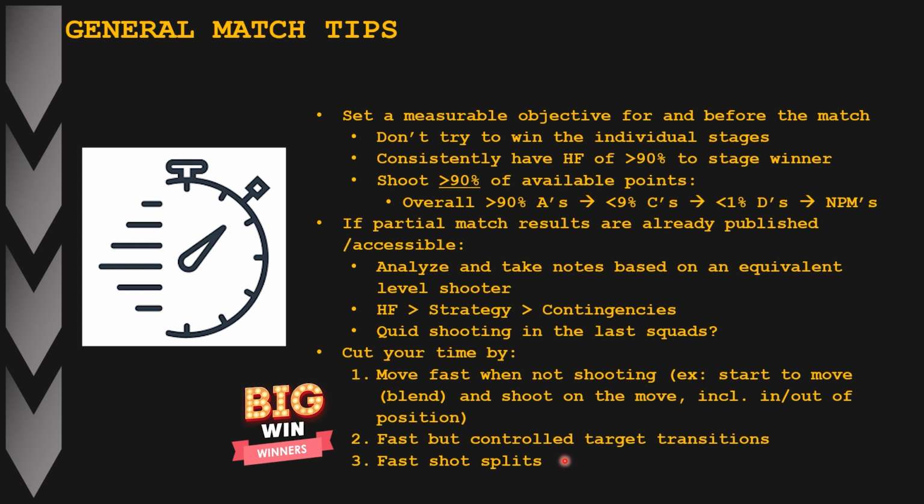Rarely will you gain a lot by shooting very fast splits. If you can shoot very fast alphas in very fast splits, good on you, that's great. But most competitive shooters are not at that level, so it's better to focus on your points than have crazy splits but sprayed all over the target and not in the alpha.